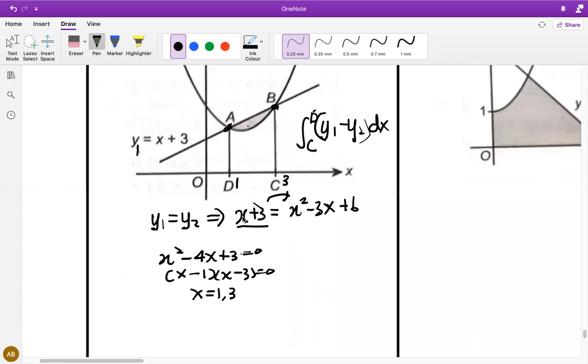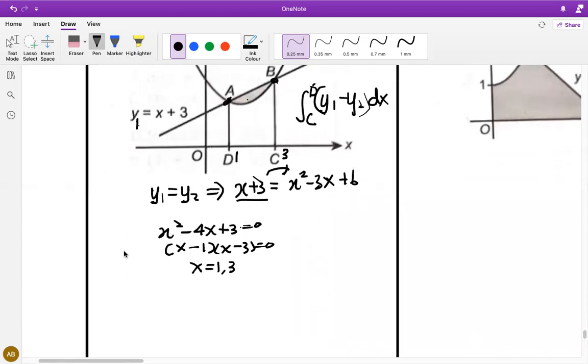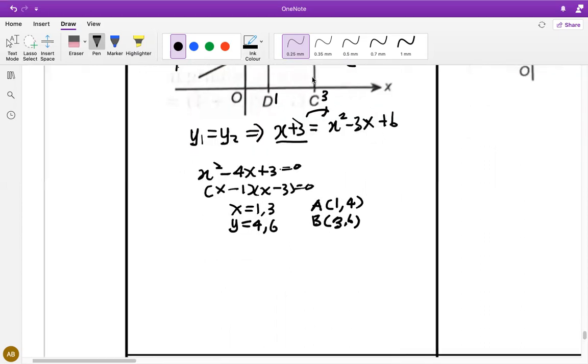But in case you want the coordinates, when x is 1, y is 1 plus 3, which is 4, and when x is 3, y is 3 plus 3, which is 6. Therefore, A is (1, 4) and B is (3, 6).